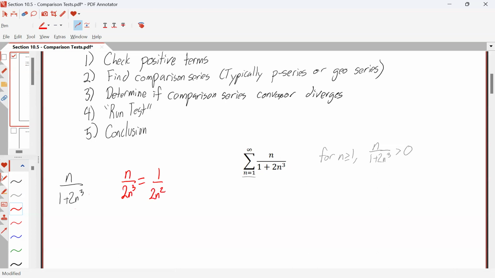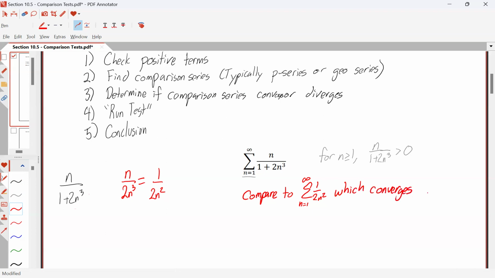So we're going to compare to that big picture series, 1 over 2n squared. So we found what we want to compare it to, 1 over 2n squared. Now we want to determine, does that converge or diverge? This converges because it's a p-series.